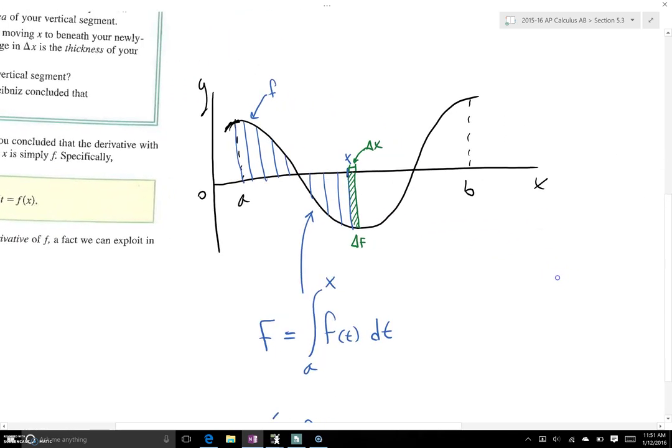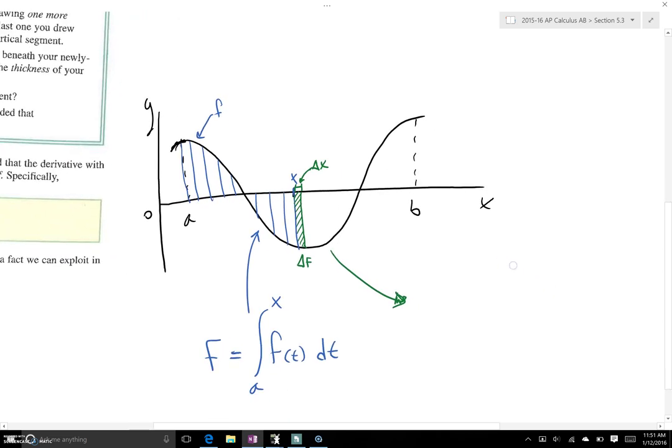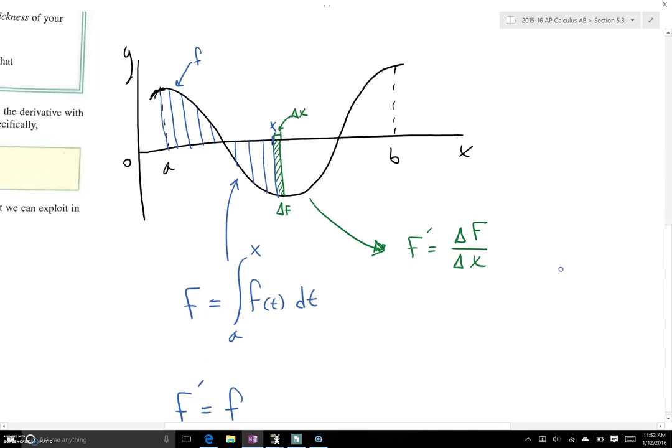So if we look at it, think about what we've got here. F prime is equal to delta F over delta x. Now delta F, remember capital F is our area here. So delta F, represented in the shaded region in green here, is our small change in area, and delta x is our small change in x.